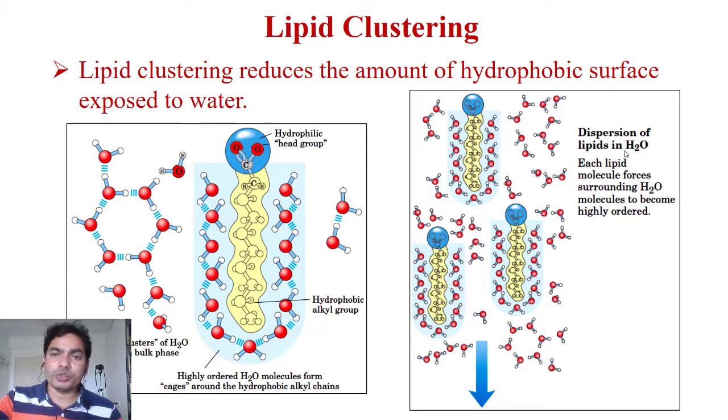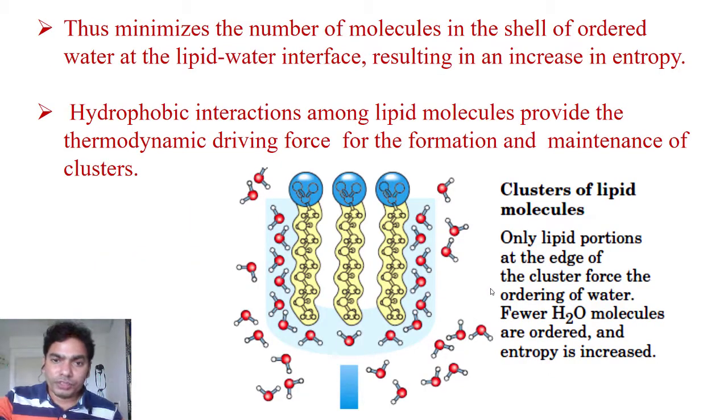Dispersion of the lipid into H2O: the arrangement of water near the lipid is very ordered, while elsewhere it is unordered. So what is the role of this ordered structure? Clustering actually minimizes the number of molecules of ordered water at the lipid-water interface.